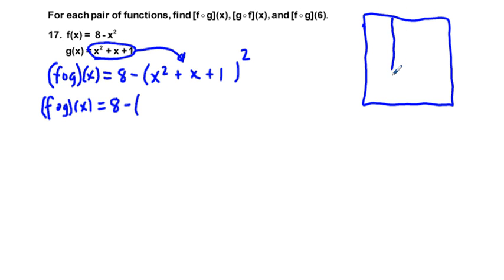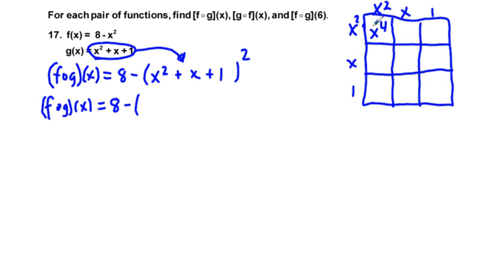And we're going to make this a 3 by 3 box because we have a trinomial times a trinomial. So we have x squared plus x plus 1. On the side we have x squared, x, and 1. And x squared times x squared is x to the 4th. x squared times x is x cubed. x squared times 1 is x squared.